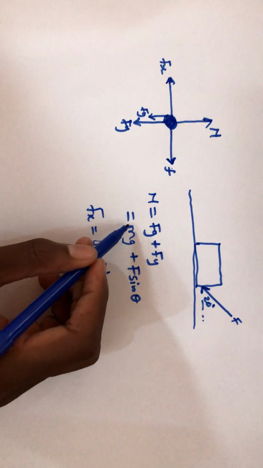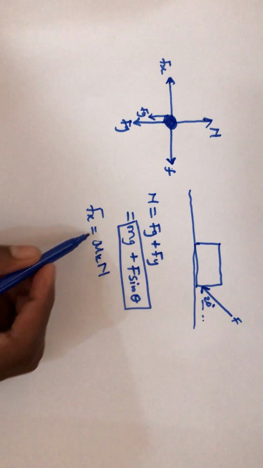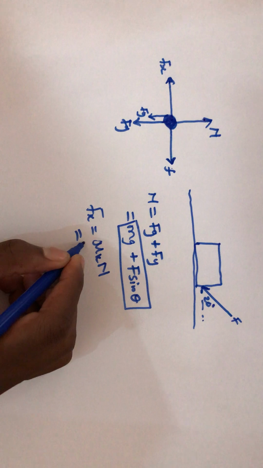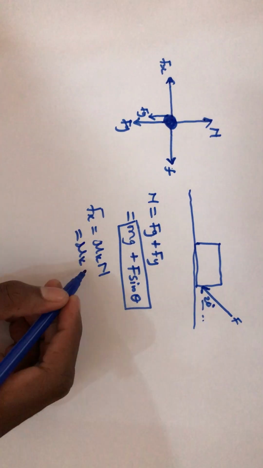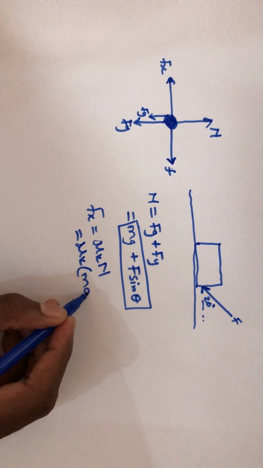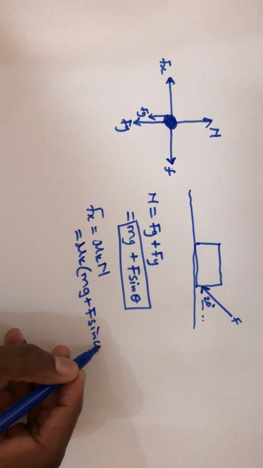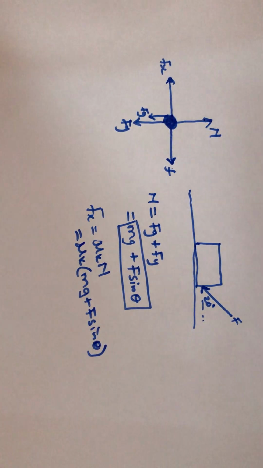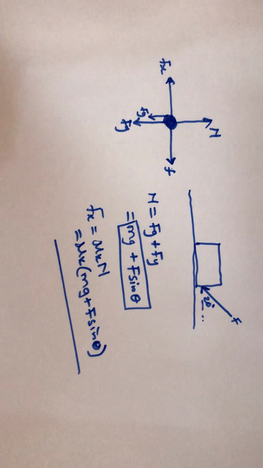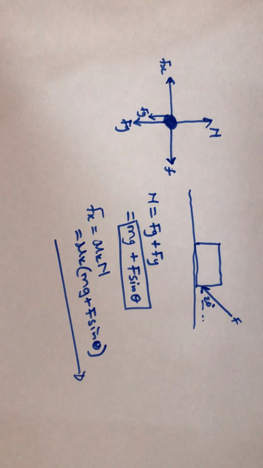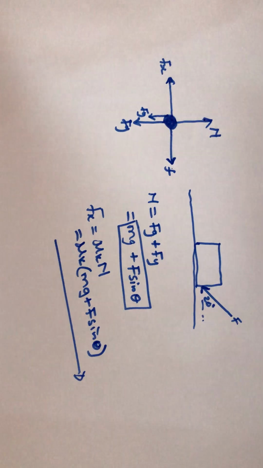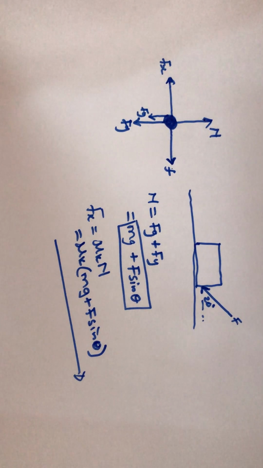What is our normal force? This is our normal force. So we just substitute the coefficient of kinetic friction times mg plus F sine theta. This is how you should calculate the frictional force in this type of situation.